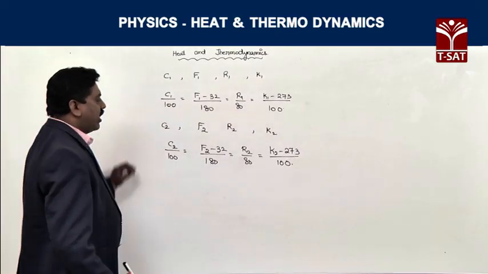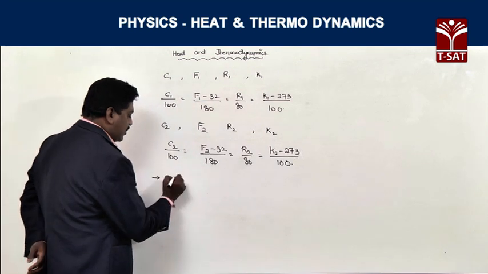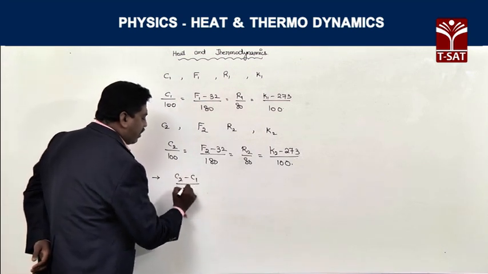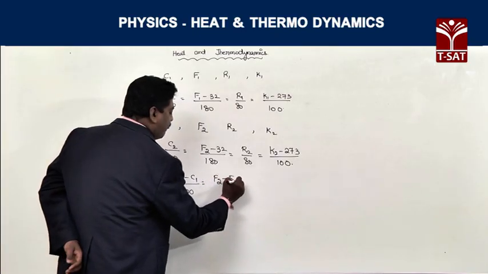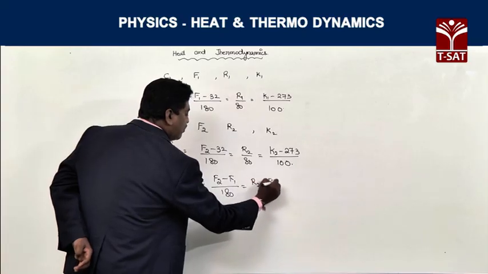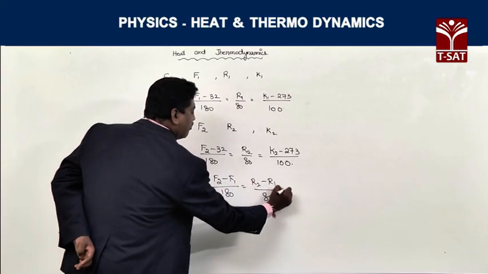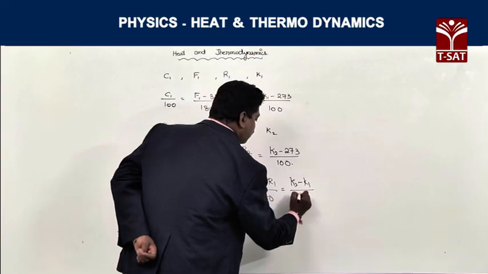Let us subtract one from the other. Then we get C2 minus C1 by 100 equals F2 minus F1 by 180 equals R2 minus R1 by 80, which is equal to K2 minus K1 by 100.